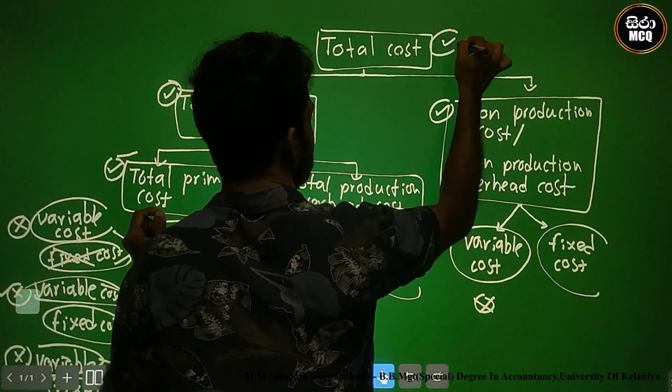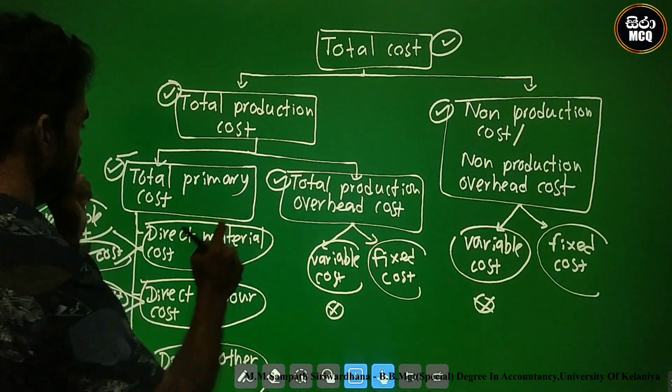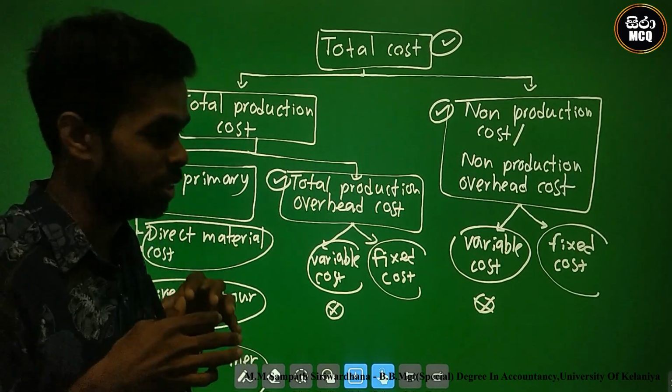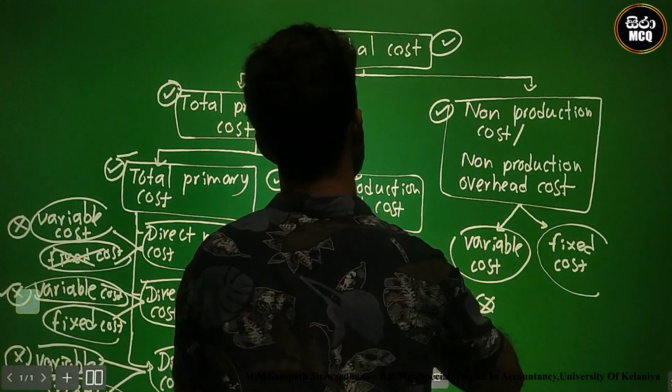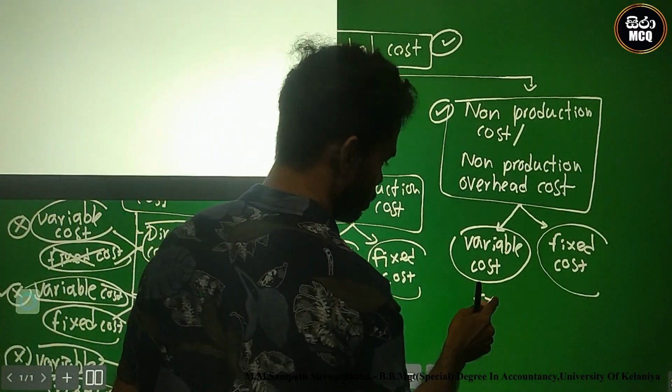Therefore, this formula is correct. Why? This one is okay, this one is okay. Based on that, total production cost plus non-production overhead gives us total cost. Therefore, this equation is correct.